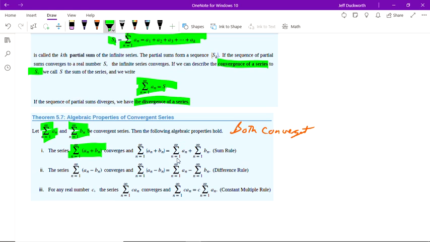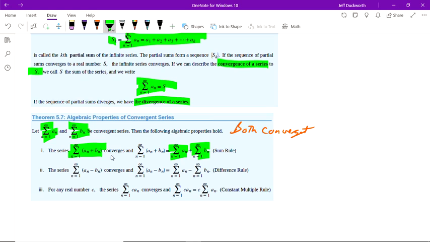If we take the sum of an plus bn, that equals the sum of the an's plus the sum of the bn's. Each of those converges, so the entirety will converge.